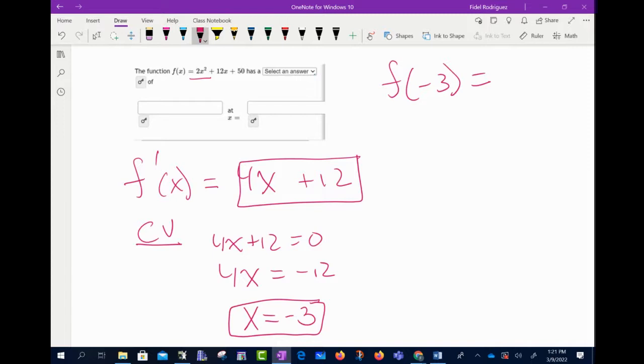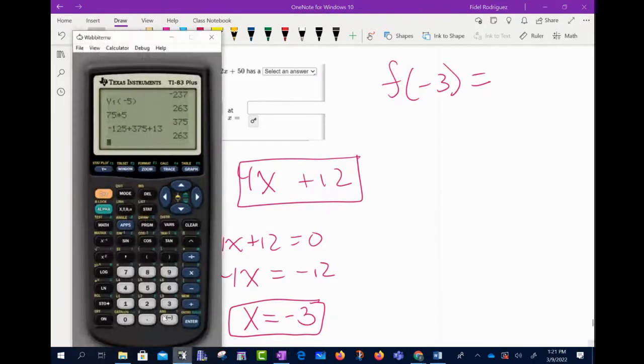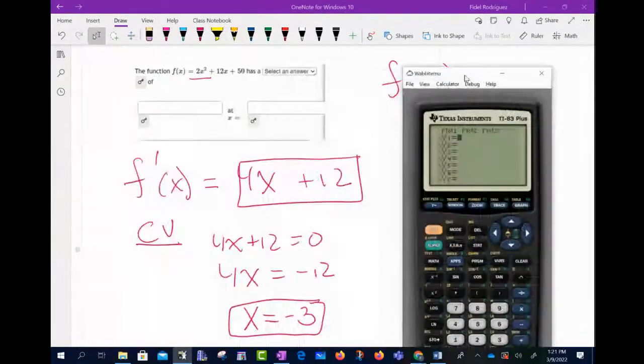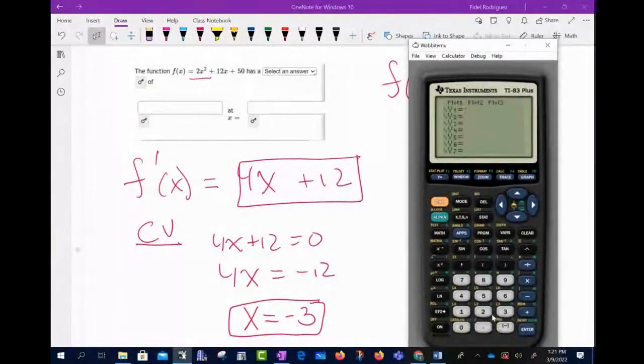f of negative 3. I'm probably getting a little spoiled here because I'm going to enter this in this way, but I like being spoiled a little bit. So 2x squared plus 12x plus 50. Enter that in.